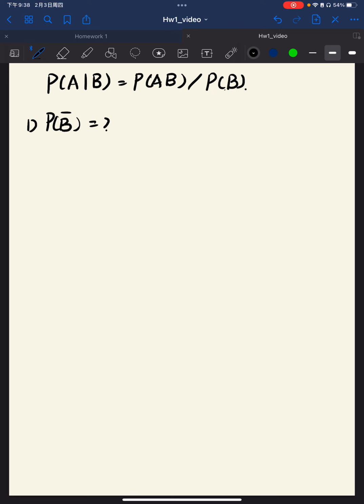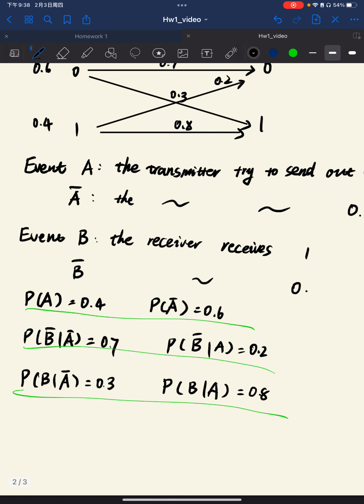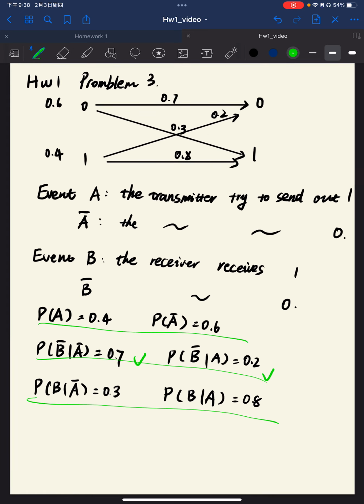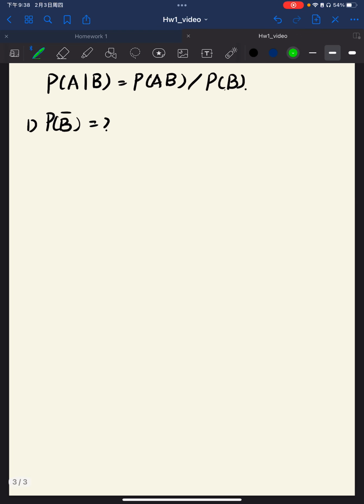To get B bar, we need to find where the conditional probability is related to B bar, and we can see this one and this one. We don't need to add the conditional probabilities together since they happened under different conditions.